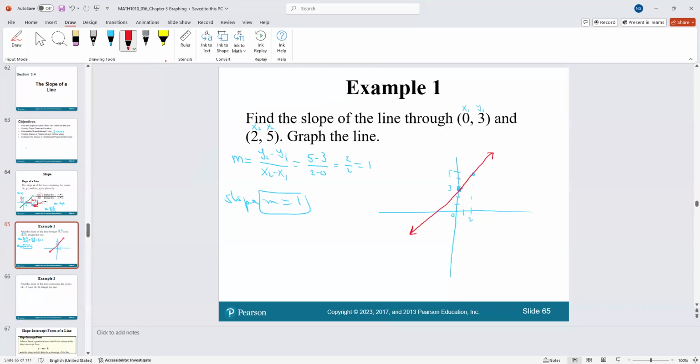You see? Because the slope of this line is positive, remember, M is positive. When the slope is positive, the graph rises from left to right. M positive, graph rises from left to right.